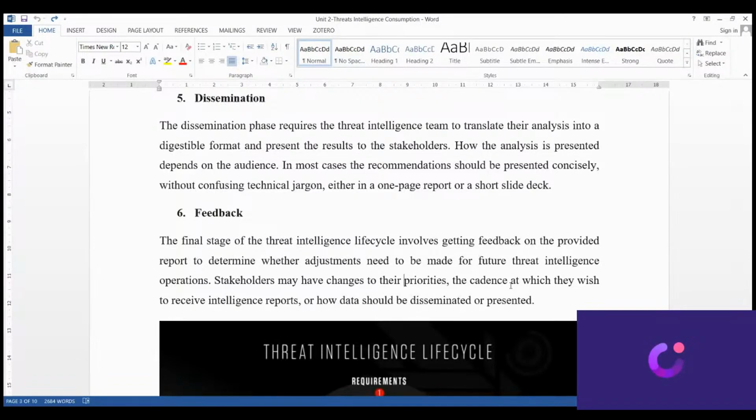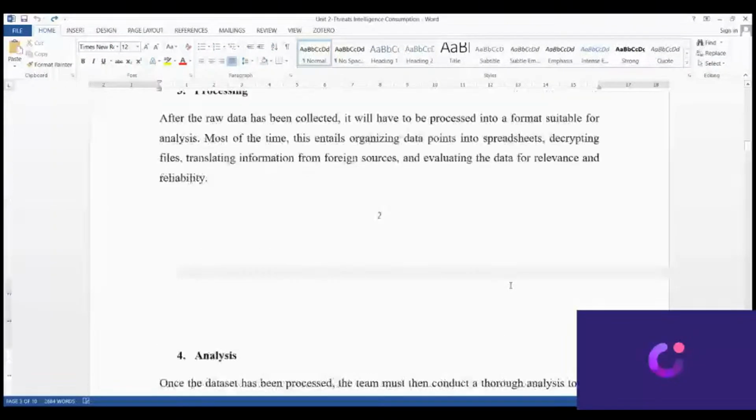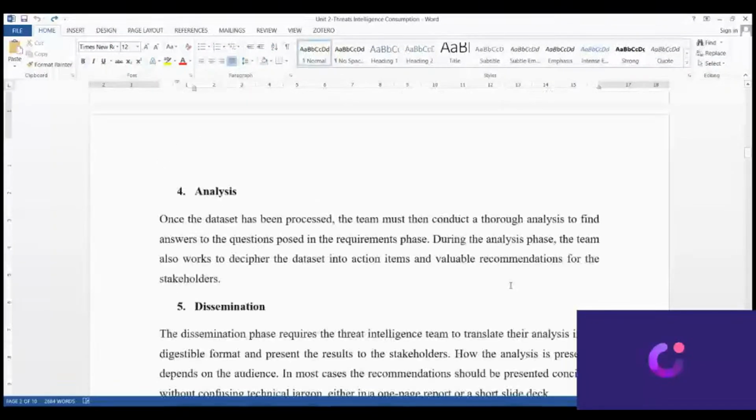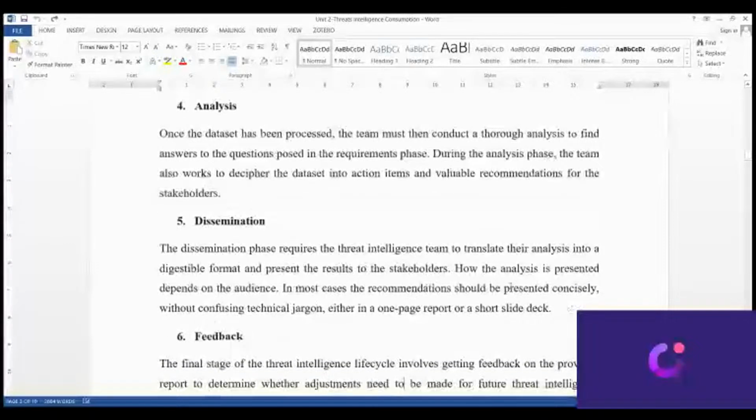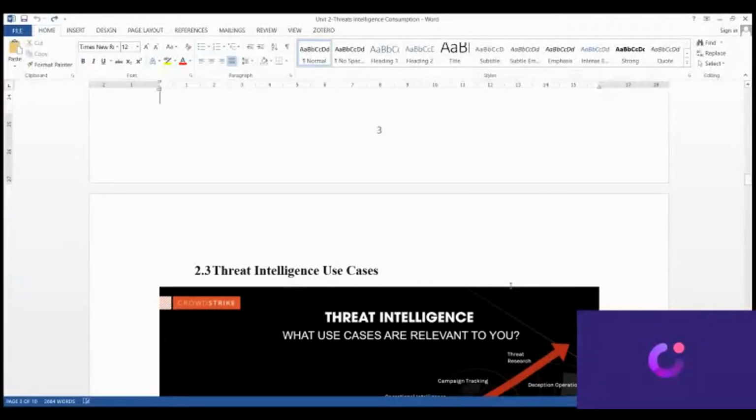So in short, we are saying the threat intelligence cycle consists of these six items. One is detection of the threat, then you process, you disseminate, then there's an aspect of feedback. Okay, is that clear?